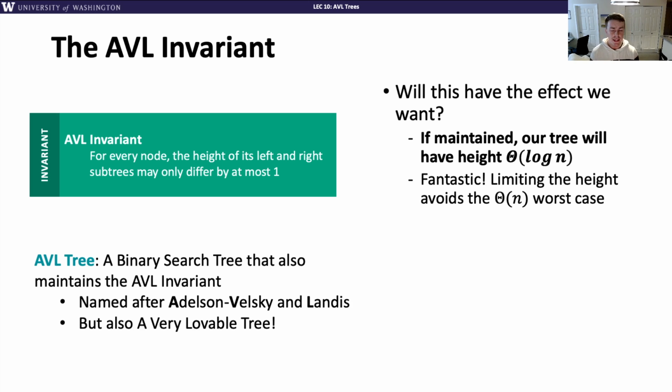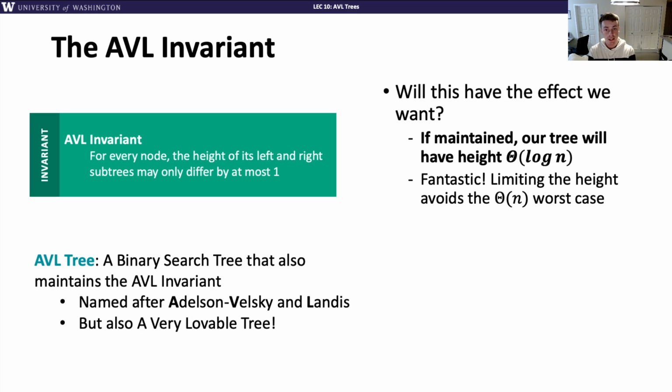And this invariant is very, very clever in the sense that it's kind of just the right sweet spot where it applies everywhere, but allows that little bit of wiggle room to make sure that it's not too strong that we can't possibly meet it. Now, what I can't argue right now, and so you're just going to have to believe me on this, is that if this invariant holds for every node in the tree, then its height will be at most big theta log n.